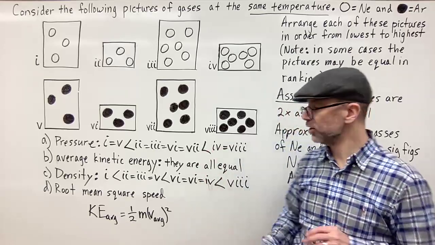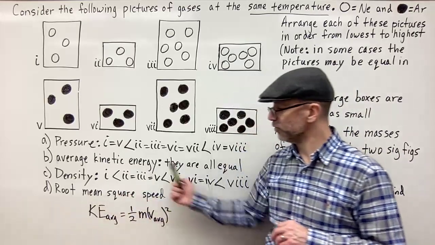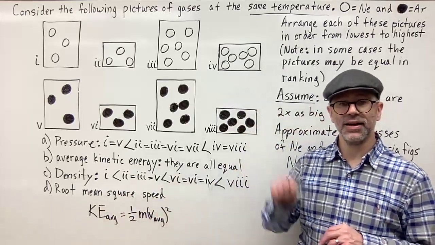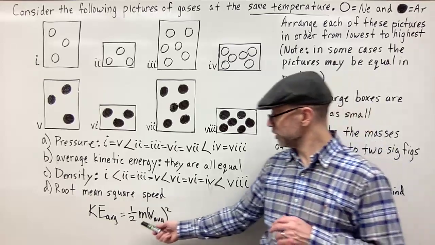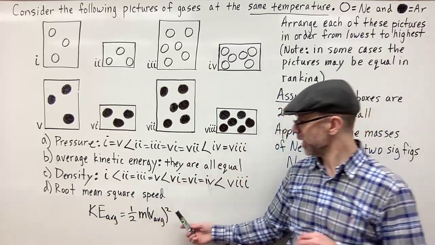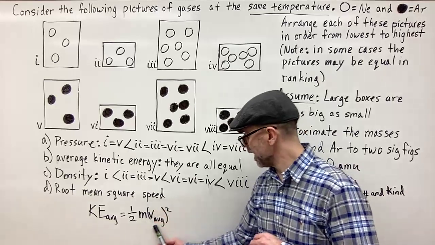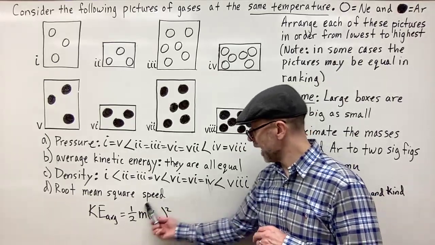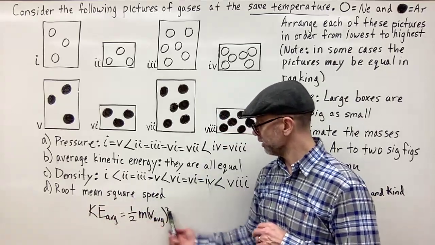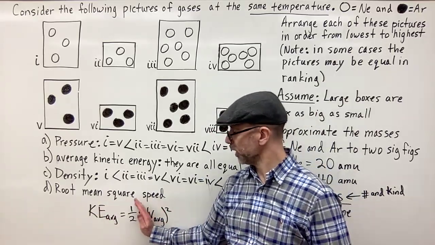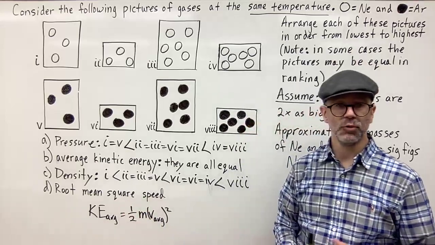However, when you're talking about the root mean square velocity or speed, the type of particle does matter because of the relationship between the mass and the speed. So here we're only looking at the velocity, the average velocity. That's what root mean square velocity is. We're ignoring the mass, right?